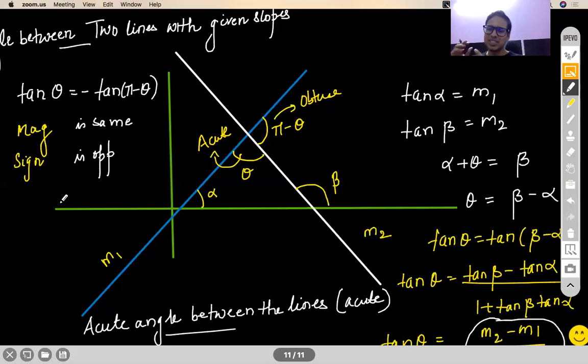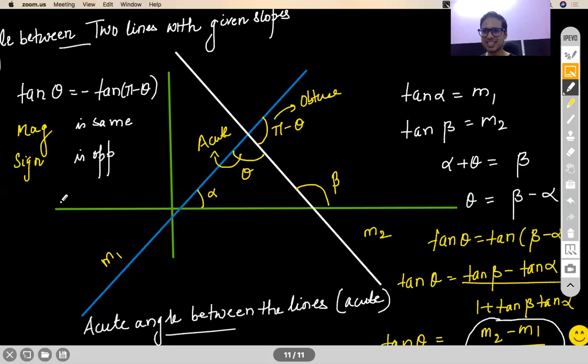So tan inverse of minus half, if you do, you will automatically get the obtuse angle without having to do the pi minus thing. So what I'm trying to say in a nutshell is that tan of the acute angle and tan of its supplementary are opposite in signs.